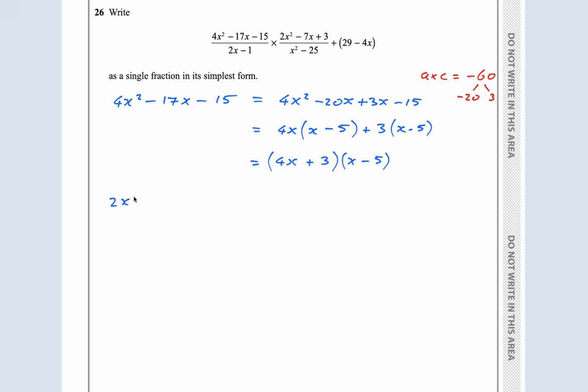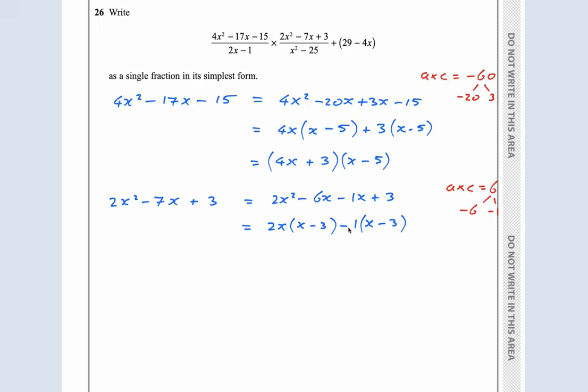Second one, 2x squared minus 7x plus 3. Same thing over here. A times c equals 6. Factors of 6 to give me negative 7: negative 6 and negative 1. So this is going to be 2x squared minus 6x minus 1x plus 3. Factorize the first two, 2x into x minus 3, and then do minus 1 into x minus 3.